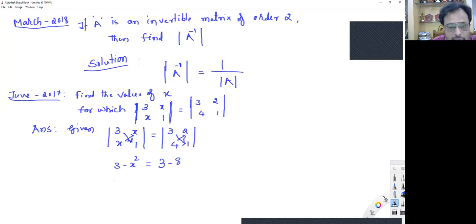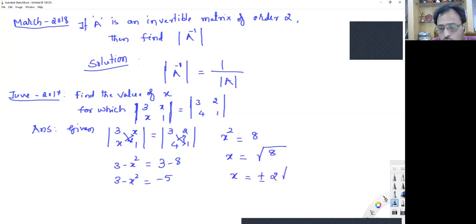So 3 minus x square is equal to 3 minus 8, which is minus 5. Take x square to this side: x square is equal to 3 plus 5, that is 8, and x is equal to square root of 8, that means x is equal to plus or minus 2 root 2.